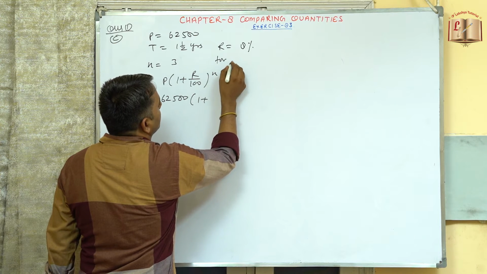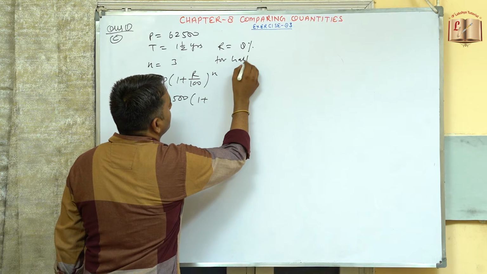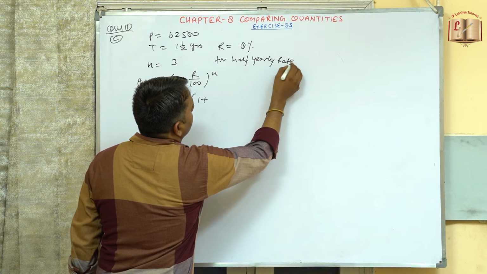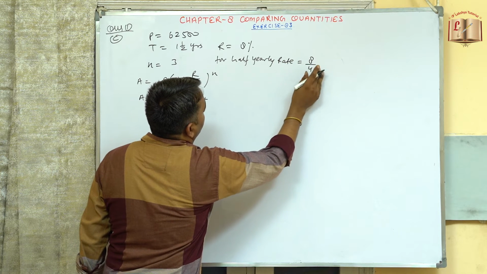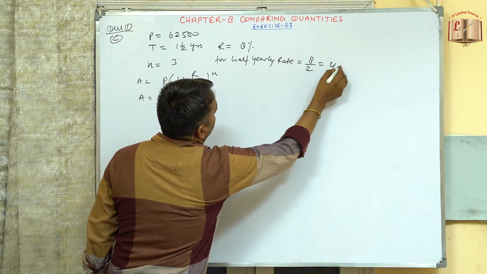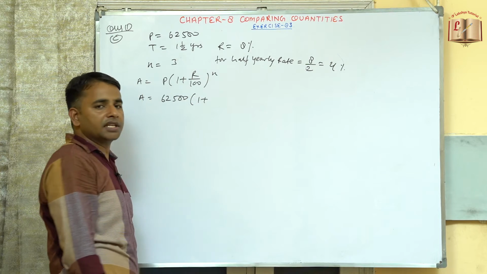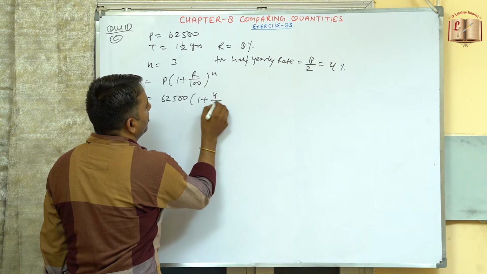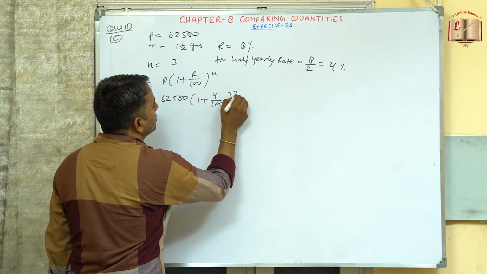For half yearly, the rate is 8 by 2, so this will be 4%. Whenever it is half yearly, we also halve the rate. So here the rate will be 4 by 100 and n is 3.